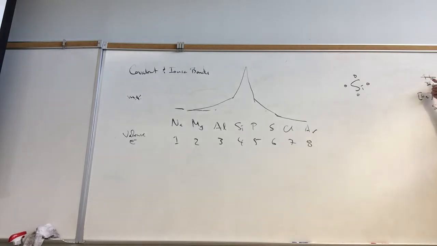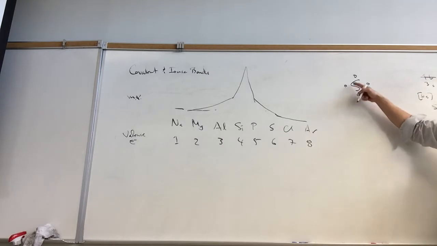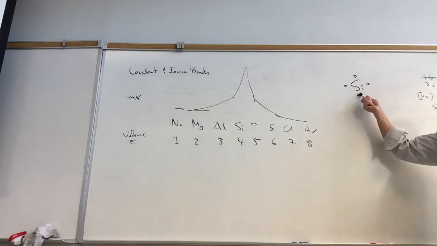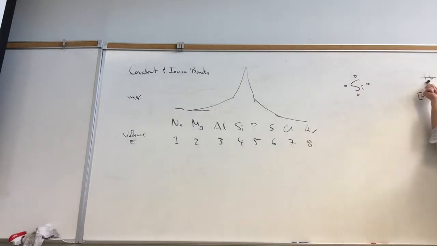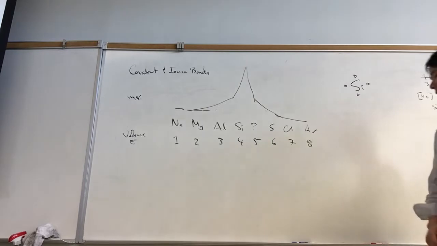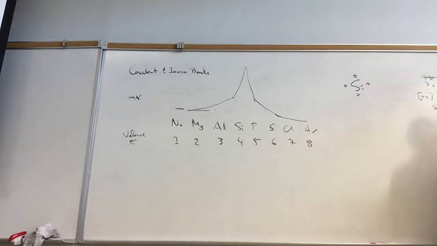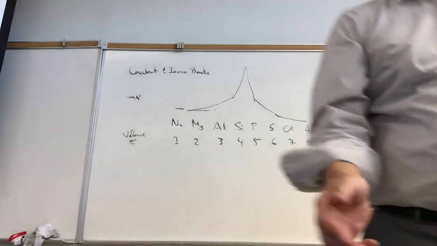So 2 of these electrons should be paired in the 3s orbital, and the other 2 are singles in the 3p. But why do we write these as 4 unpaired electrons when clearly 2 of them are paired? The reason is this: if we promote one of these s electrons up to a p orbital, then we'll get 4 unpaired electrons.